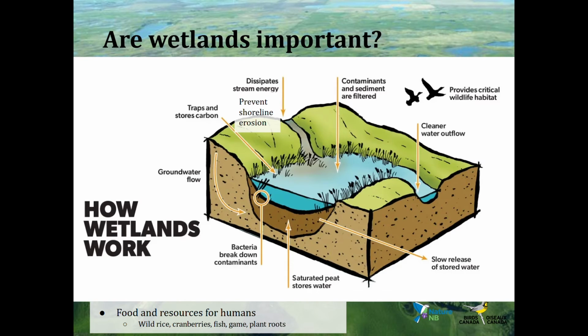They also prevent shoreline erosion. This is particularly important for salt marshes, for example, but they also dissipate stream energy so that the eroding power of rivers is limited. And of course, they provide food and essential habitat for lots of animals and also for humans.